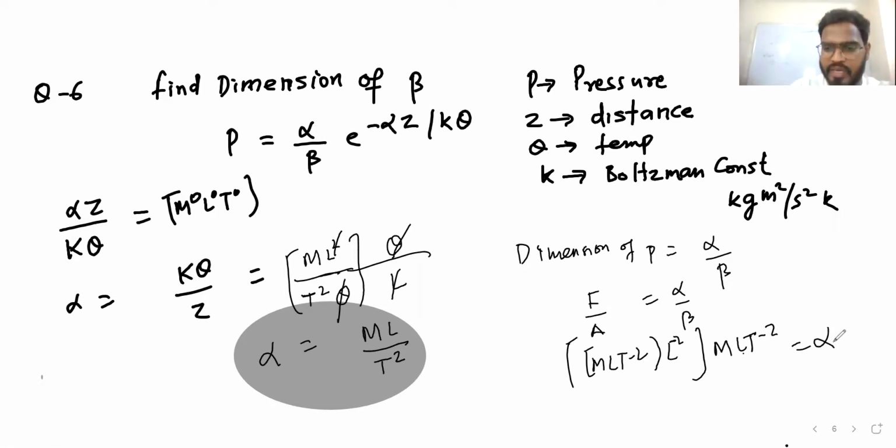Let's solve it. Now if you solve, L square L, 2L cancel out. T square T, is it cancelling out? Check, cancelling out each and everything.